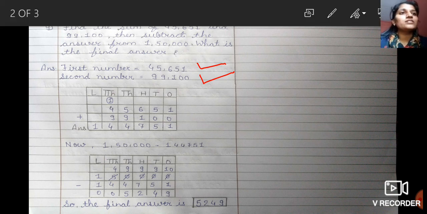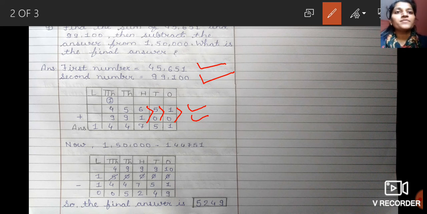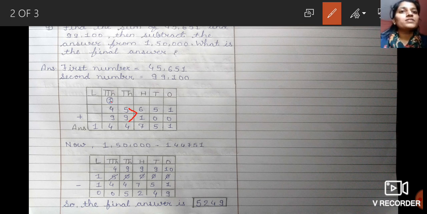Here you can see on the screen that I have added these two numbers. 1 plus 0, 1 in the ones place, then tens place, 5 plus 0, 5, hundreds place, 6 plus 1, 7, thousands place, 5 plus 9 is equal to 14. So 4 we have written and 1 carry over. 4 plus 1, 5, and 5 plus 9, 14.